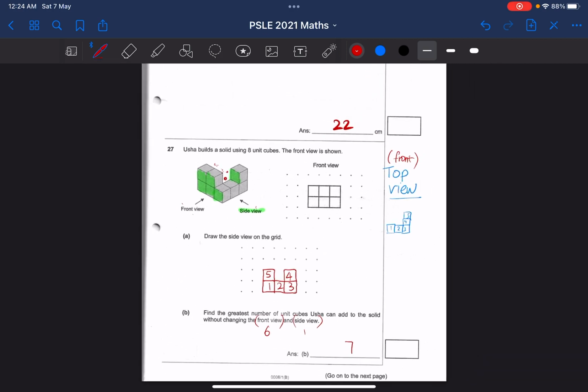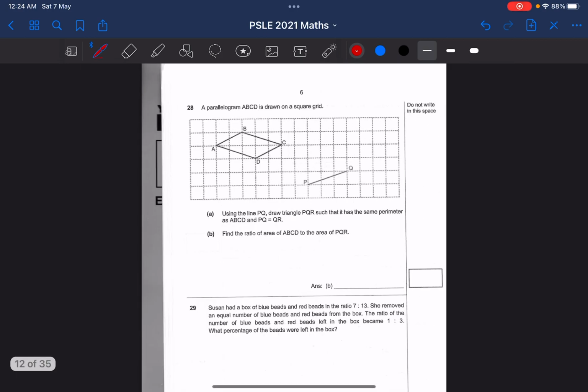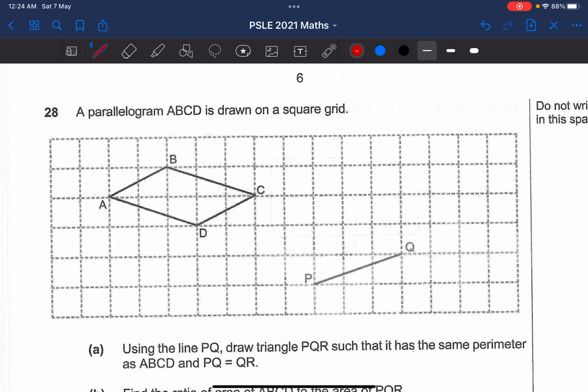Okay, now going to question number 28. Okay, now question number 28 requires you to draw a triangle PQR, and this triangle must have the same perimeter. Okay, same perimeter, but the only challenge, if you see, is that it is so hard to count the perimeter.